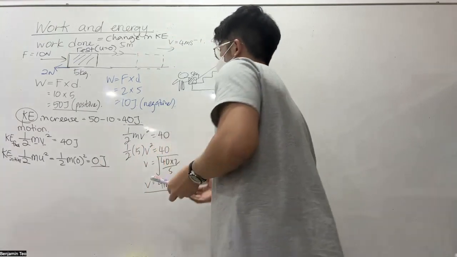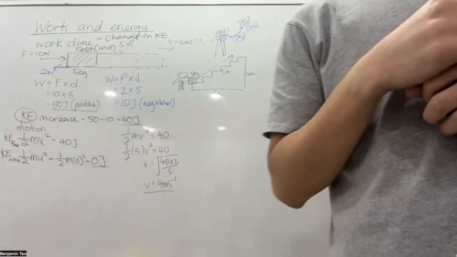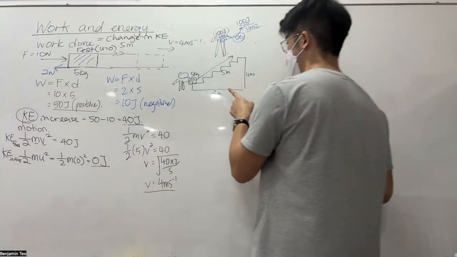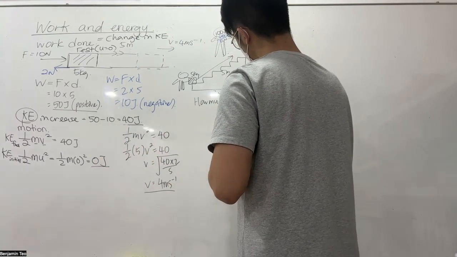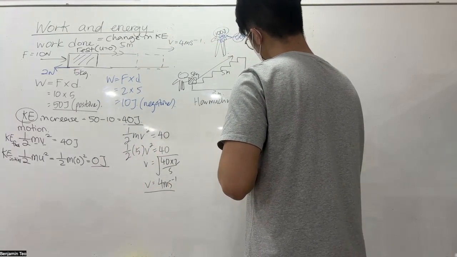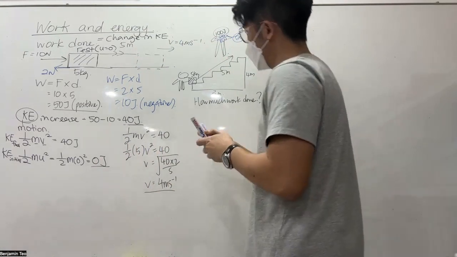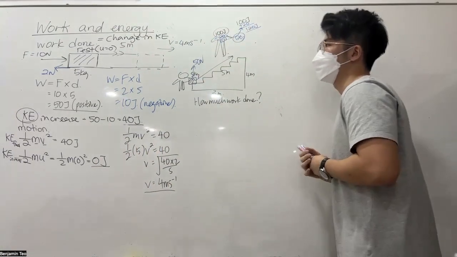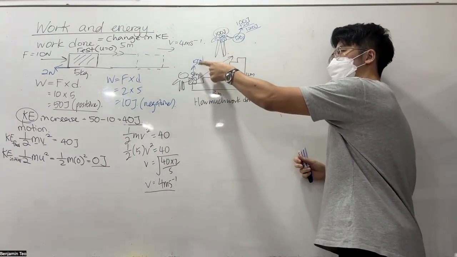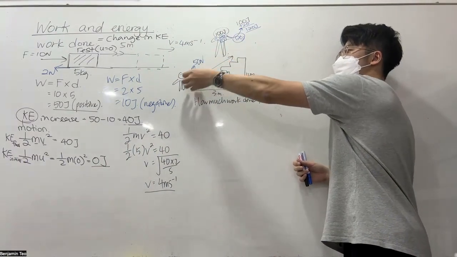How much work have I done in this situation? Carry, so you have a force of 50 Newton. You need to label the direction of force correctly, upward. And then I'm moving this distance.